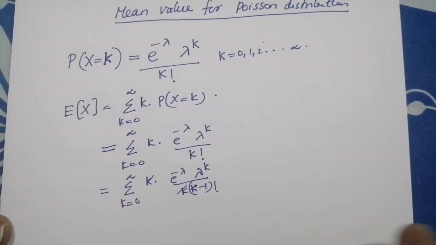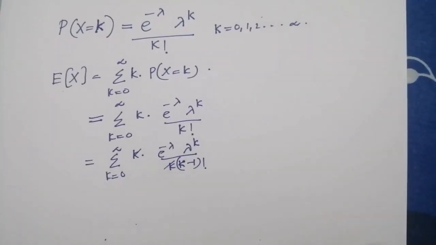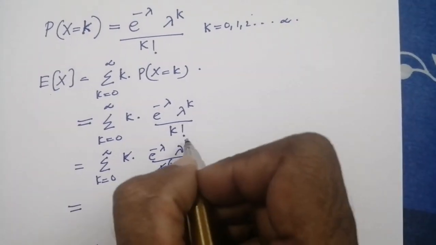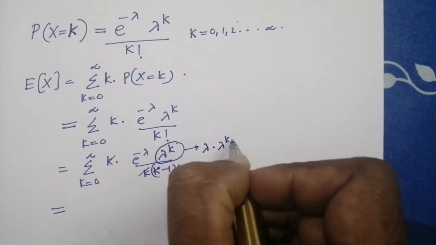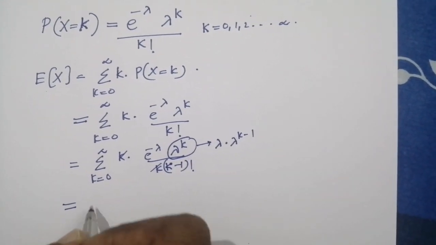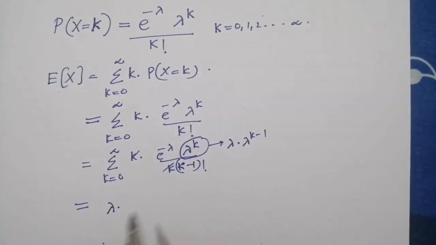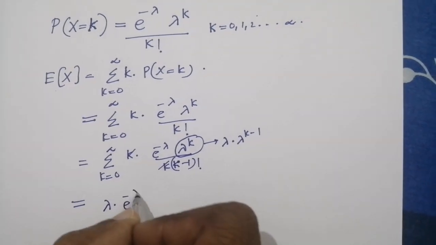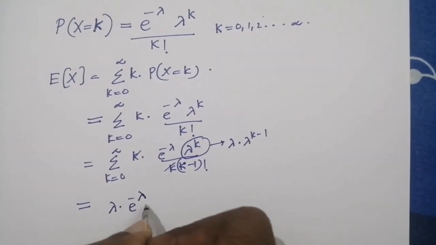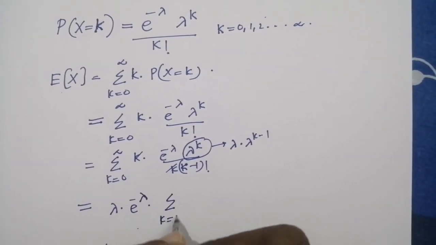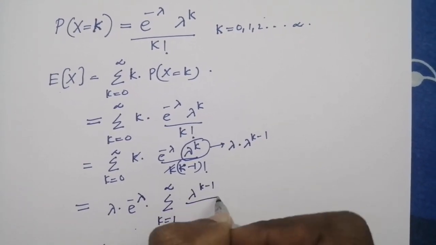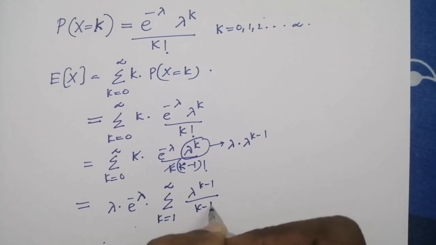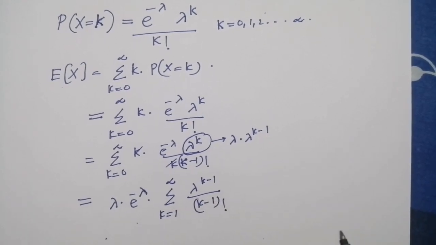So k cancels. Right. So I am writing lambda raised to k as lambda into lambda raised to k minus 1. So this can be written as lambda into e raised to minus lambda into sigma k equal to 1 to infinity, lambda raised to k minus 1 by k minus 1 factorial.